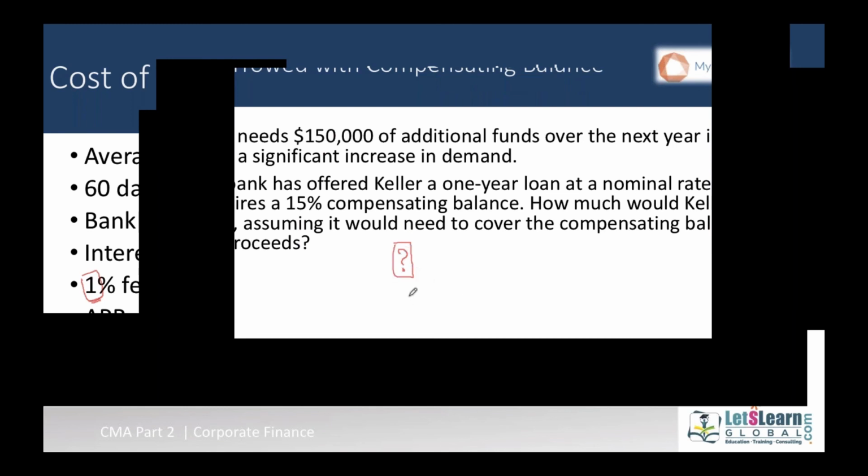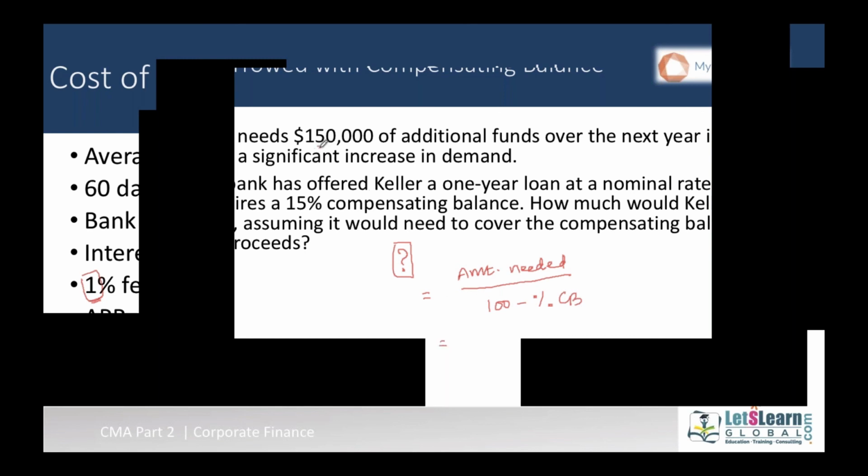For this, the formula is: the amount to be borrowed equals the amount needed divided by 100 minus the percentage compensating balance. You can use this formula to find out the amount to be borrowed. The amount needed here, the firm needs 150,000, divided by 100 minus the compensating balance. The compensating balance is 15%.